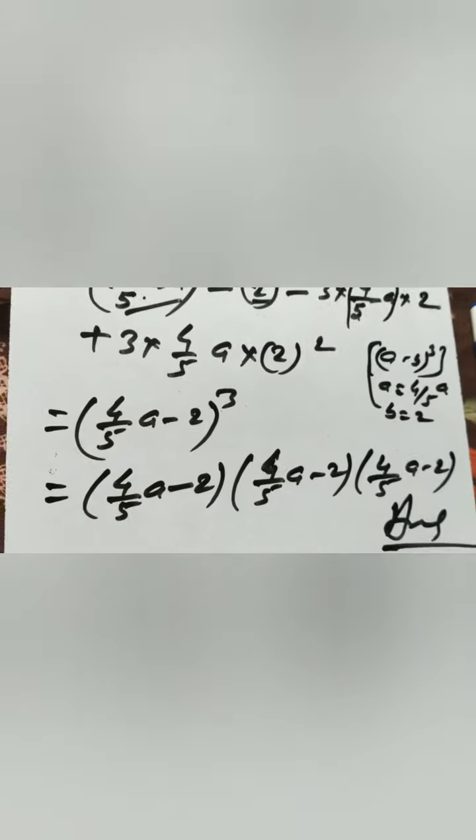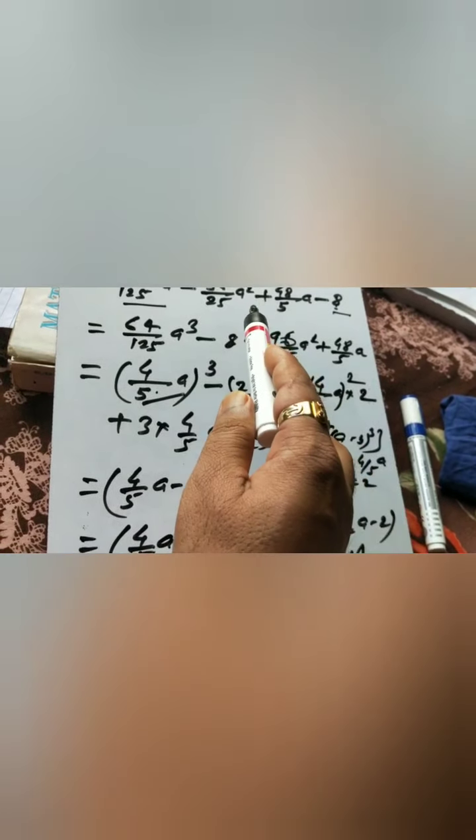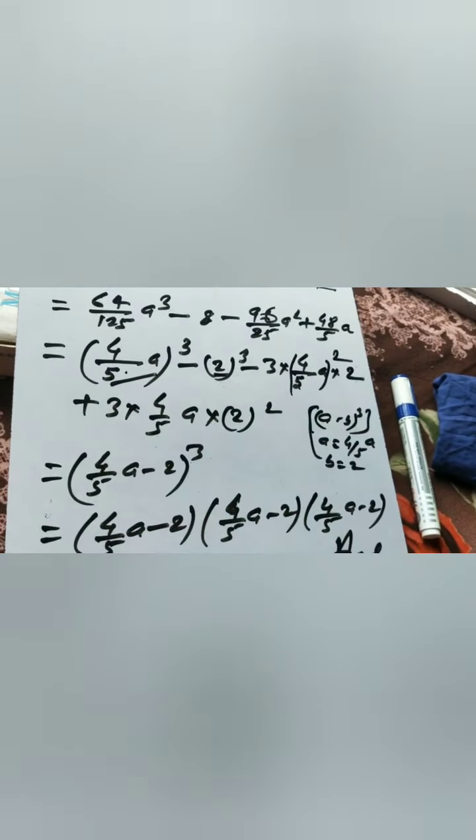You have to factorize, so write it thrice in the product: 4 by 5a minus 2, 4 by 5a minus 2, and 4 by 5a minus 2. This is your answer for the given expression. The factorization of this polynomial will be 4 by 5a minus 2, 4 by 5a minus 2 and 4 by 5a minus 2.